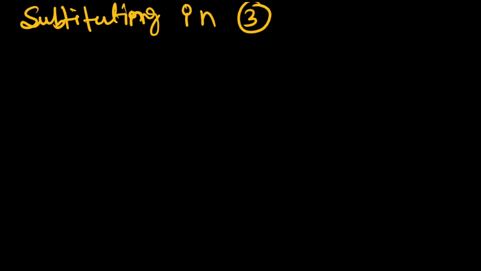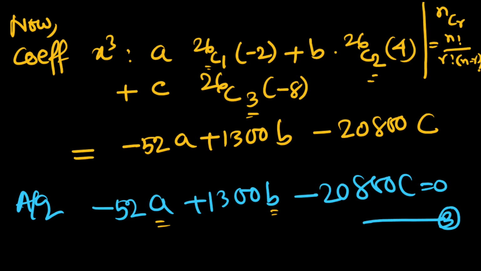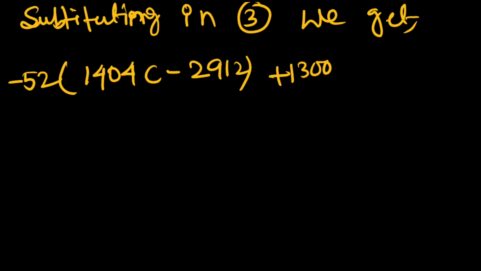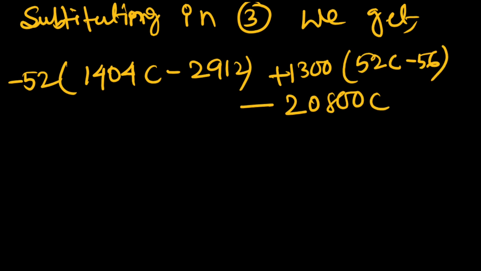Therefore substituting in 3, we get minus 52 times the value of a, which is 1404c minus 2912, plus 1300 times the value of b, which is 52c minus 56, minus 20800c is equal to 0.